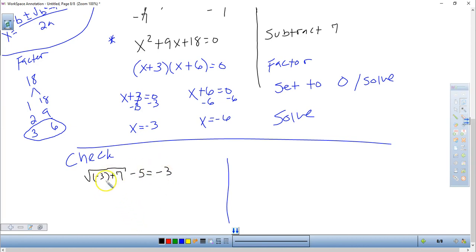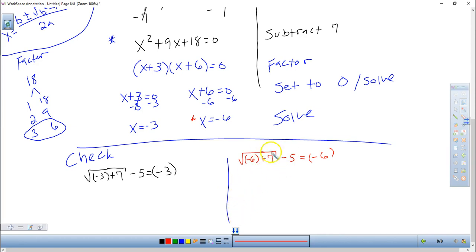So I plugged in negative 3 for both of the x's. And this one I'm going to do in red. So we have the square root of negative 6 plus 7 minus 5 has to equal negative 6. Okay, on this side I've plugged negative 6 in for the x's.